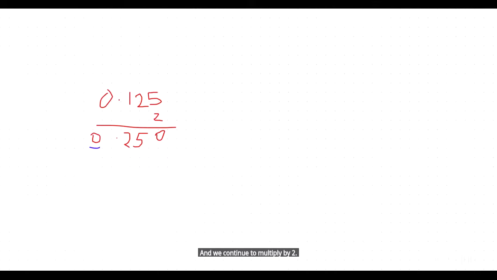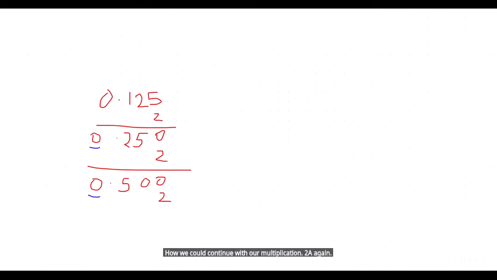Again, we multiply. 2 times 0, 0. 2 times 5, 10. Carry 1. 2 times 2, 4 plus 1, 5. Points. Nothing here now, 0. We keep this whole number and continue with our multiplication. 2 times 0, 0. 2 times 0, 0. 2 times 5, 10.